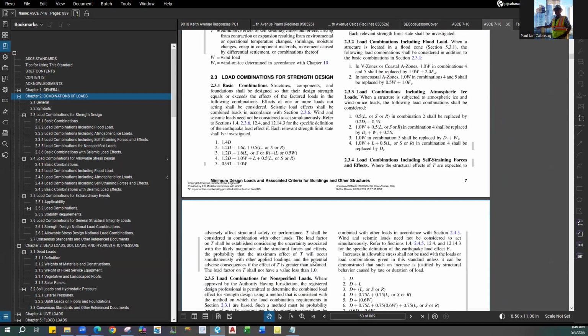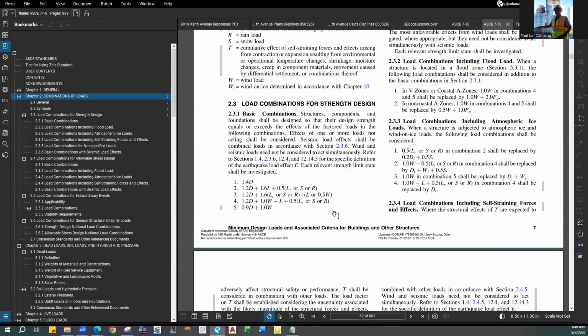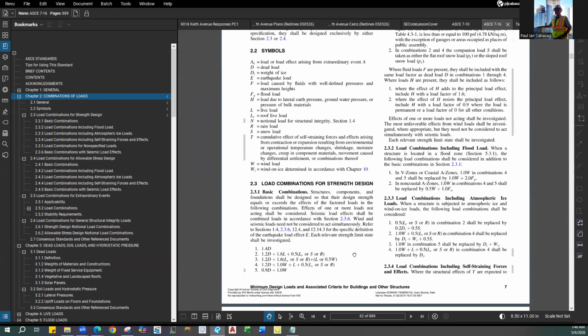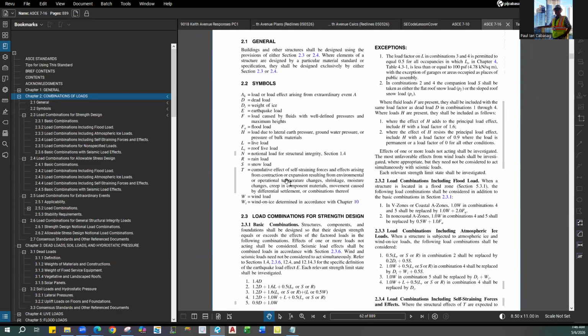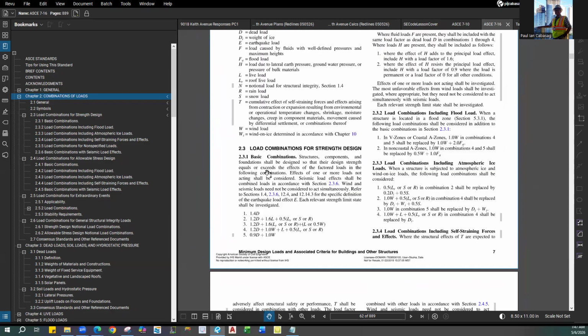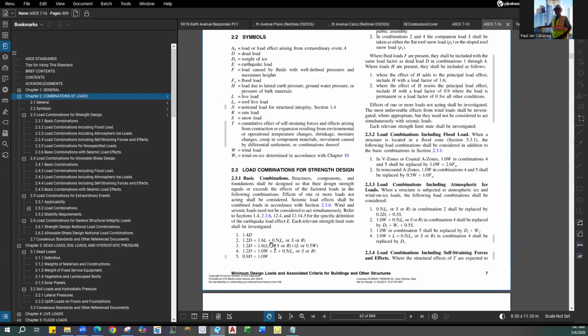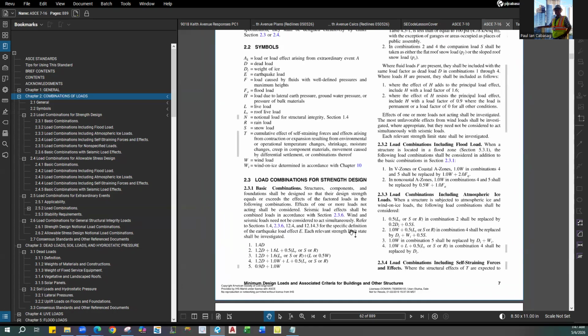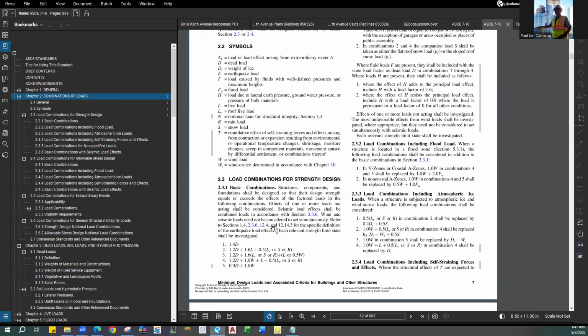But the other type of load combination I wanted to cover is strength design or LRFD, load and resistance factor design, which you're going to find out is another name for strength design. This type of load combination is mainly what is being used for structural steel, with the ASCE building code, as well as the ACI. That's the building code for concrete or reinforced concrete.